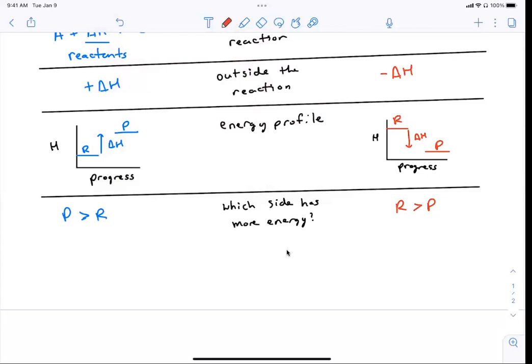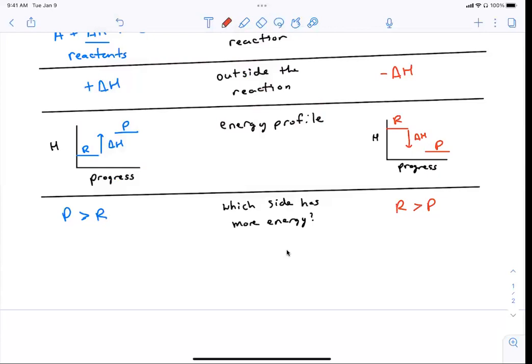But if the products are lower, then the reactants have to release some heat as energy to lower itself down to the state of the products. So it's all about pathway and which way you're going. Whatever the energy of your products is, that delta H should add to the side that's deficient in energy to balance things out.